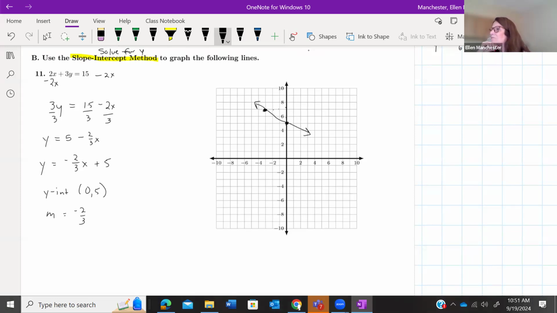And it's straight. Because remember, slope-intercept form is the y equals mx plus b. So it's just to make sure that you know that the value next to the x is your slope, right here.